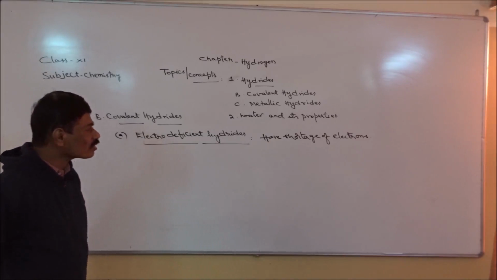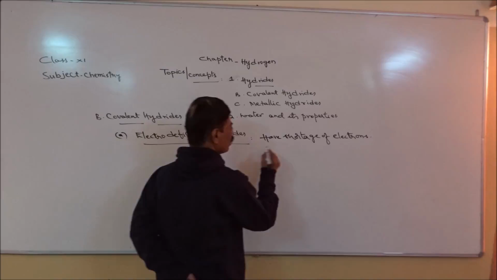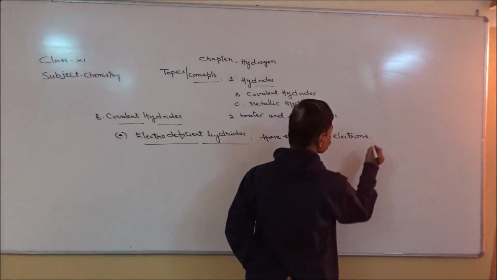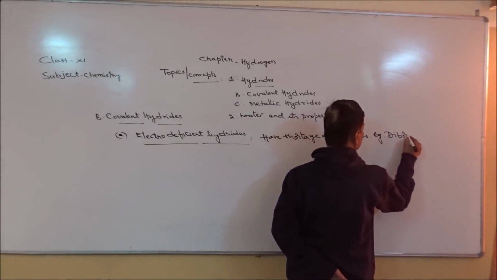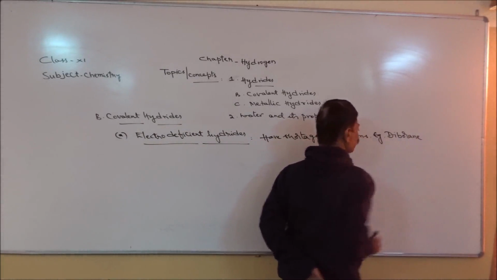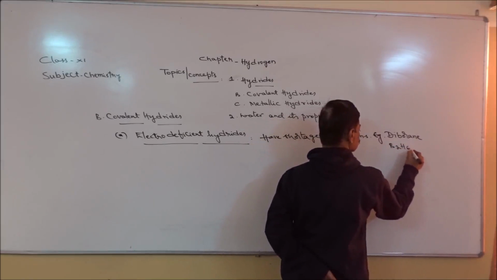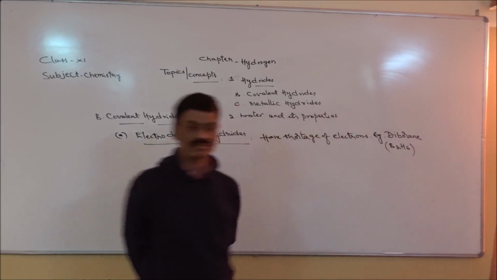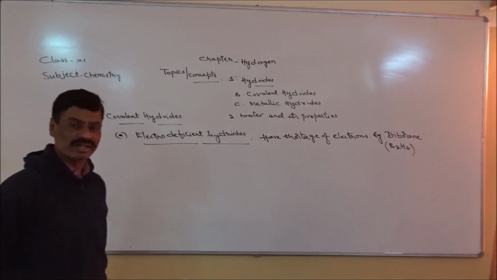Best example for this type of hydrides is diborane. Example for this is diborane. Its composition is B2H6, which contains less number of electrons than required.